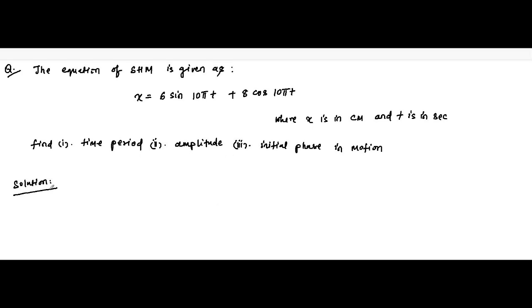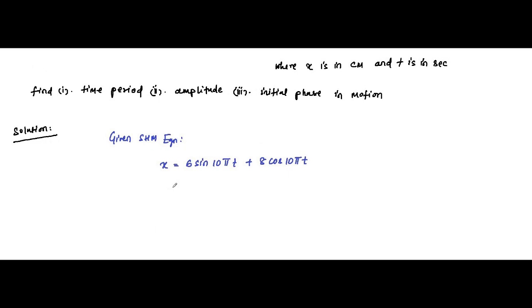So here the SHM equation is given in a different way: x is equal to 6 sin 10 pi t plus 8 cos 10 pi t. What is the standard format of the SHM equation?